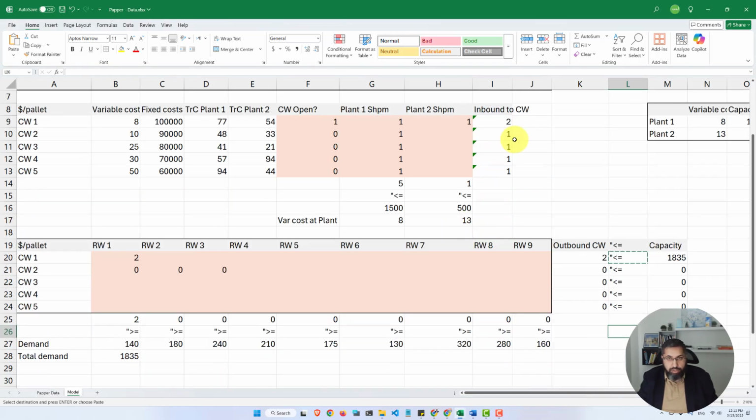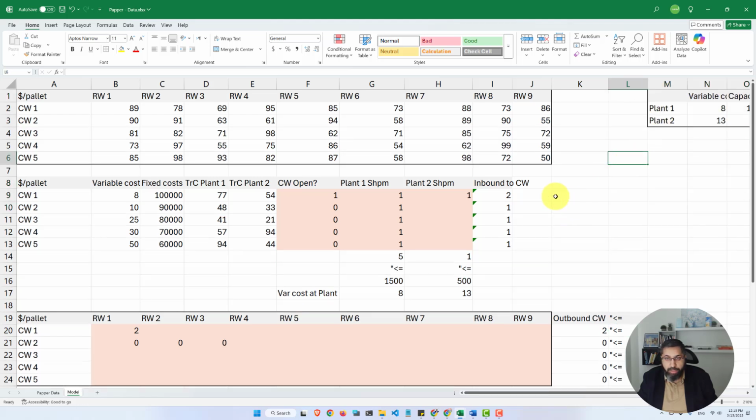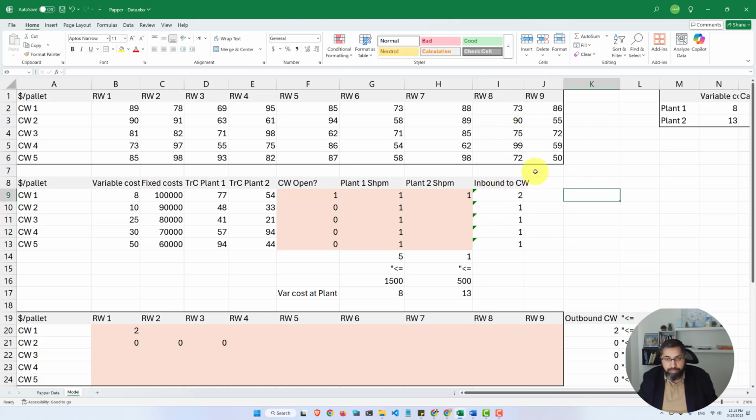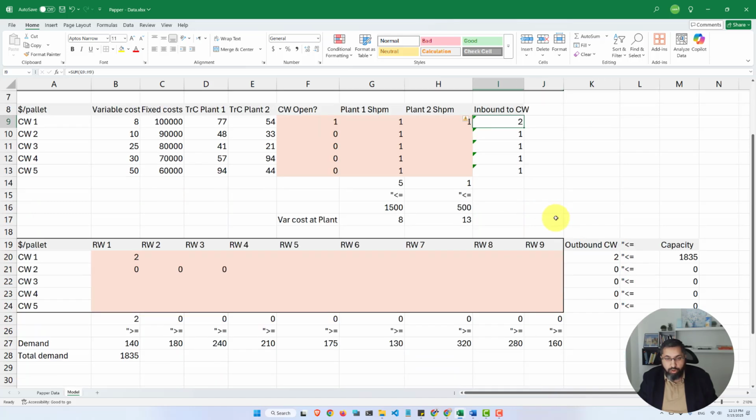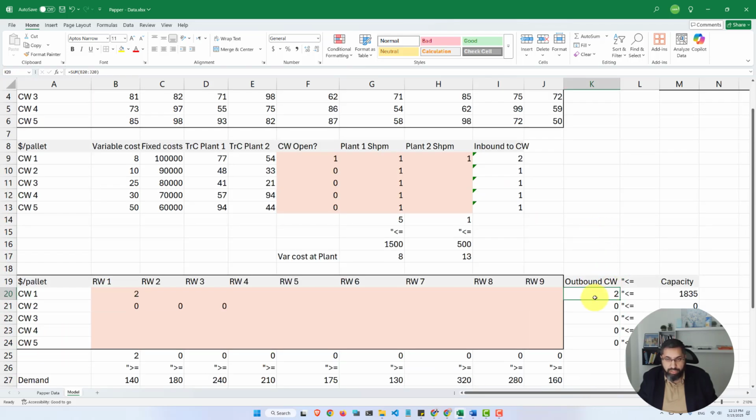Sometimes it's called a flow balance constraint, because what's inflowing into a warehouse, the outflow has to match that. Let me move this table up to make space. What we're going to do here is say that this inflow to the central warehouse must match this outflow from the central warehouse.